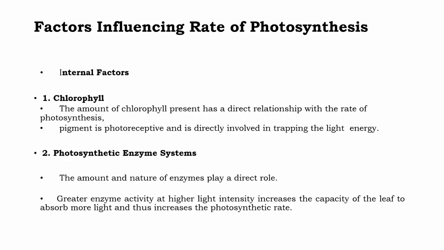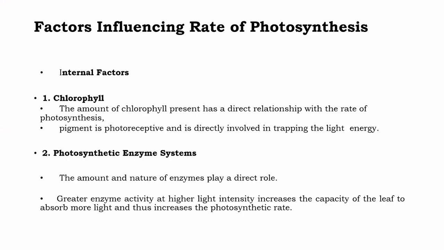Now, I will cover the factors influencing the rate of photosynthesis. As usual, there are internal and external factors. The internal factor, chlorophyll. The amount of chlorophyll is directly related to the rate of photosynthesis. If the plant contains more chlorophyll, photosynthesis is more.